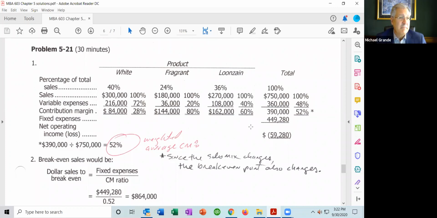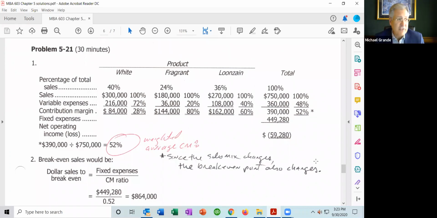The same thing for Lunzan. Add the numbers across. You got $750,000 in sales, which they gave you. You therefore have $360,000 of variable expenses and a resultant $390,000 of contribution margin. The fixed costs stay exactly the same, at $449,280. But now they're losing $59,280.